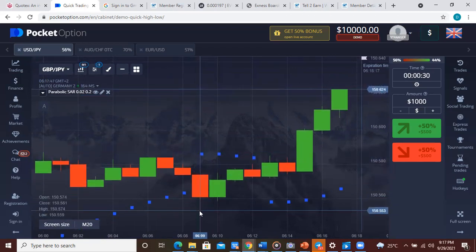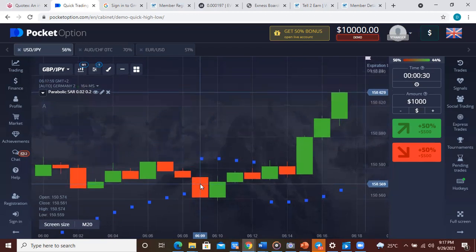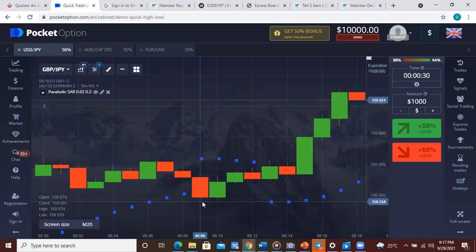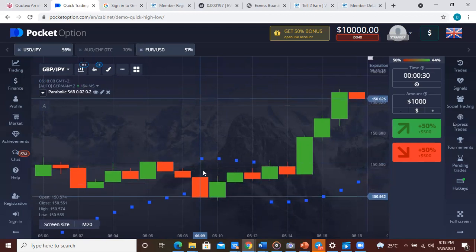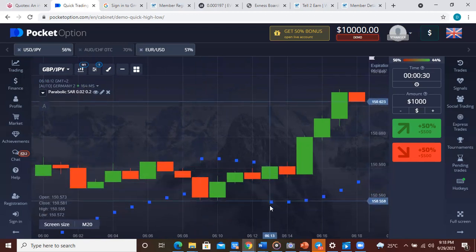It is towards the opposite direction. So you see that it appears at the top here. If you go for a sell, you know that it always goes to the opposite direction. So you do what? You go in for a sell. When it's at the top, you press a sell. You see it's coming down. You see that we have a red candle. Now you see it at the down, it means that it needs to go up.